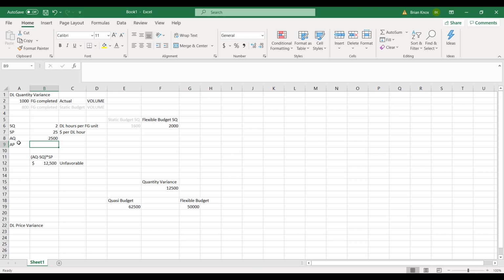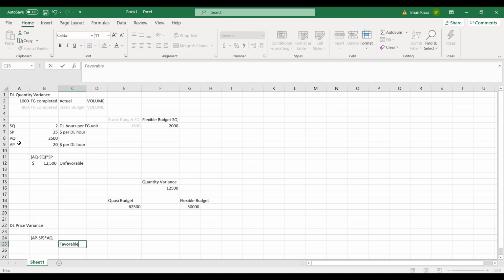So let's go ahead and just say we had a favorable price variance. We only paid $20 per hour on average per direct labor hour. And so we're going to go ahead and calculate that out. I'll go ahead and copy this down and modify it to make it our price variance equation.